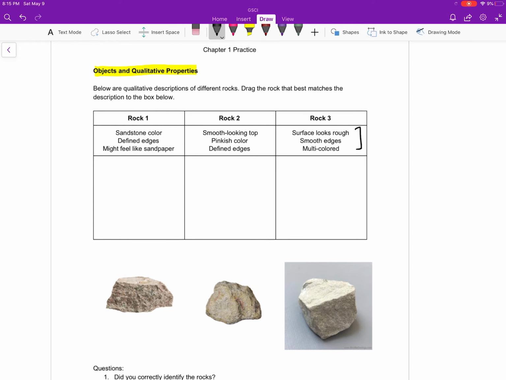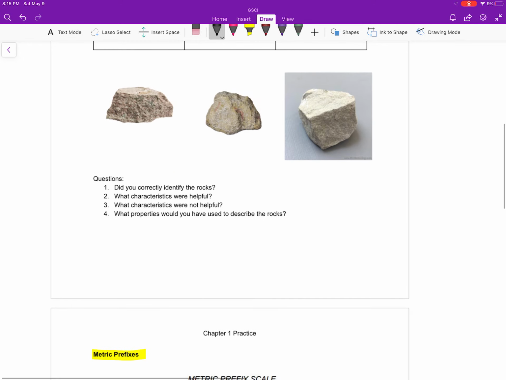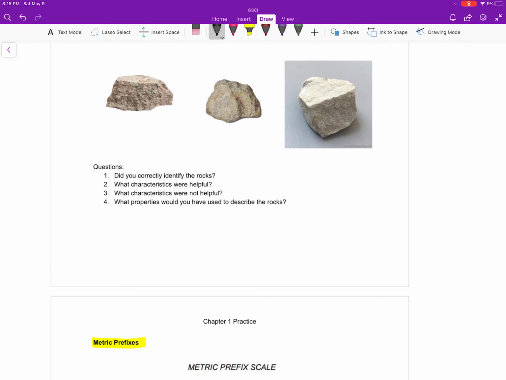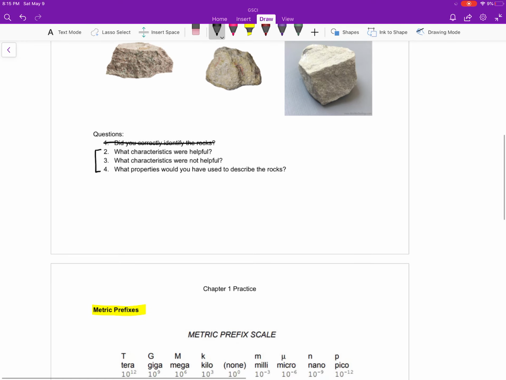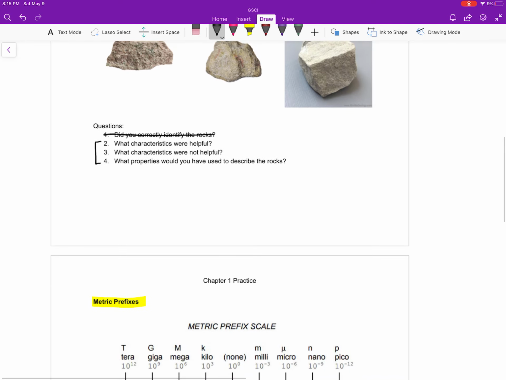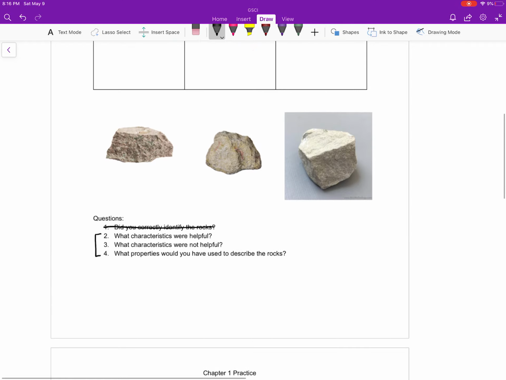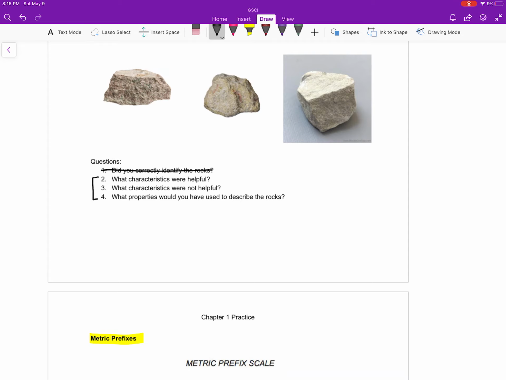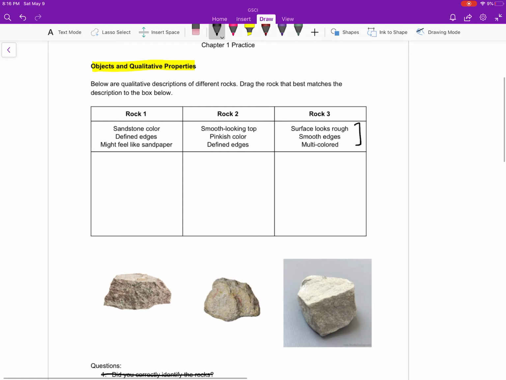So you'll see the descriptions you have here, your 3 images of your rocks below. You're going to answer the second, third, and fourth question as part of the assignment. We're going to wait on correctly identifying the rocks. So you're going to answer which characteristics were helpful in identifying, what characteristics were not helpful, and what properties you would have used to describe the rocks.